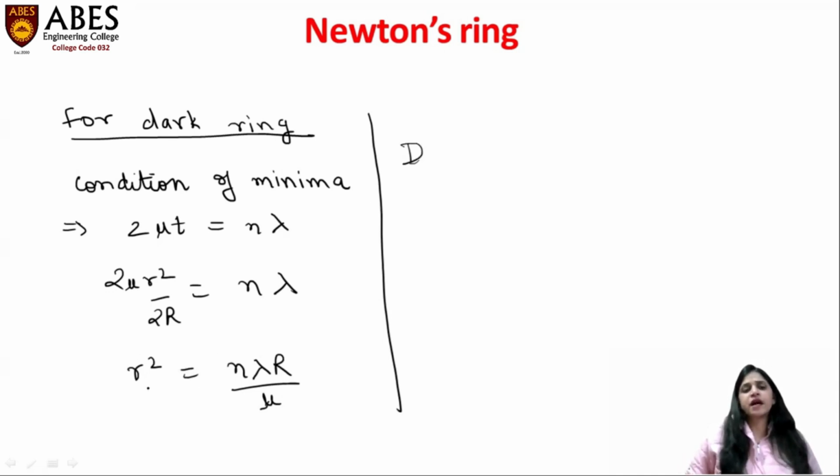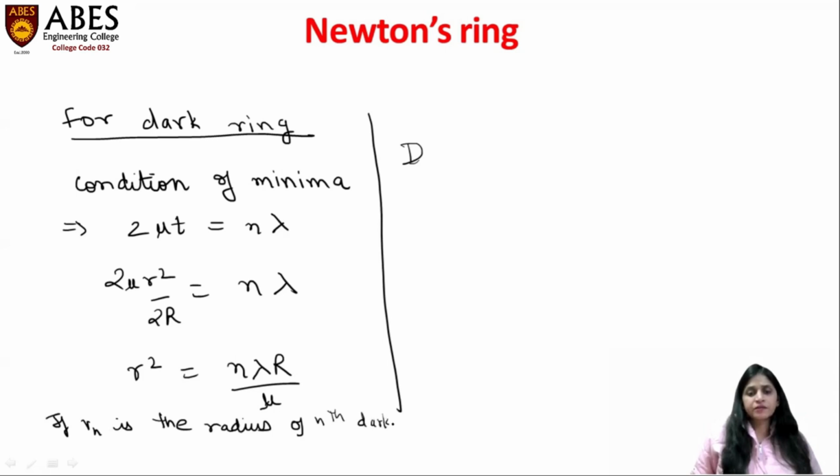Over here again we can see that r is depending on lambda and on n, as lambda, R and mu all are giving constant values. So again we can write that if Rn is the radius of the nth dark ring, then we can write this equation as Rn square is equal to n lambda R upon mu.